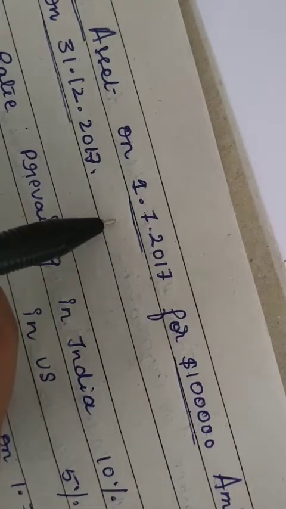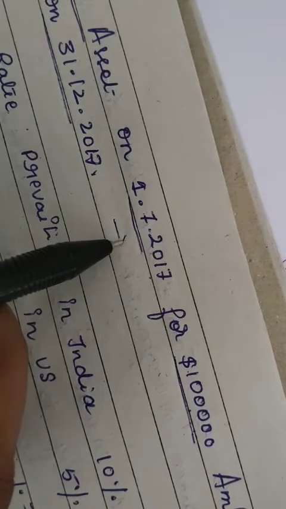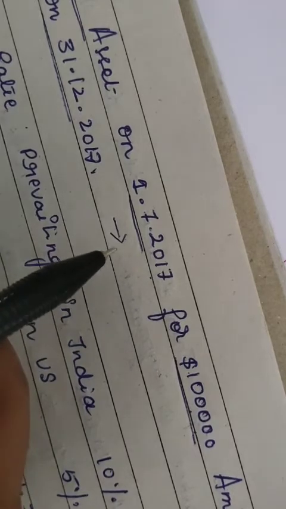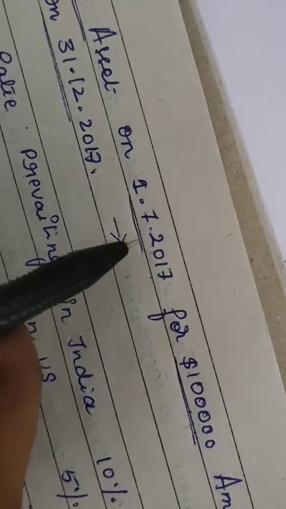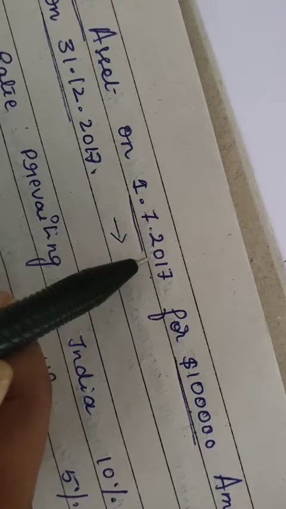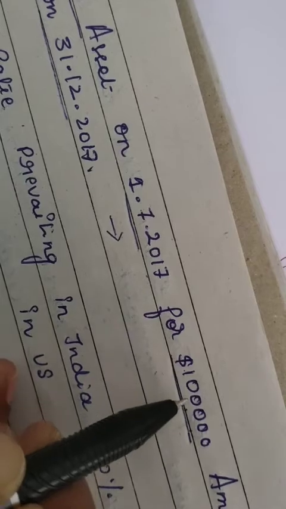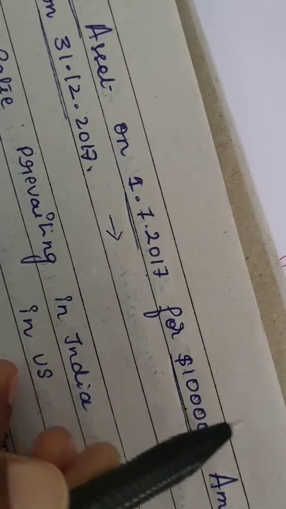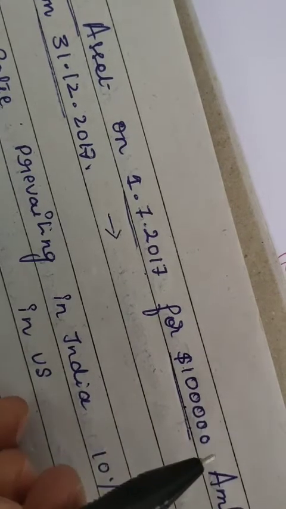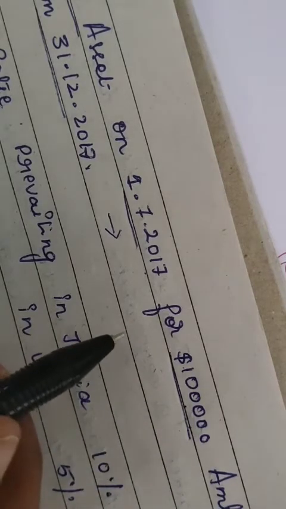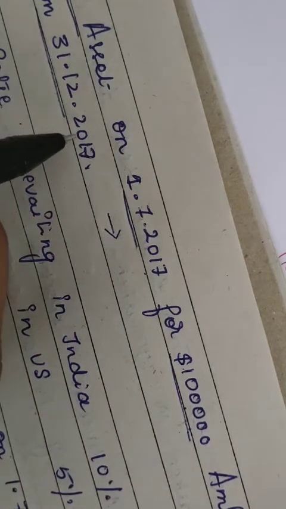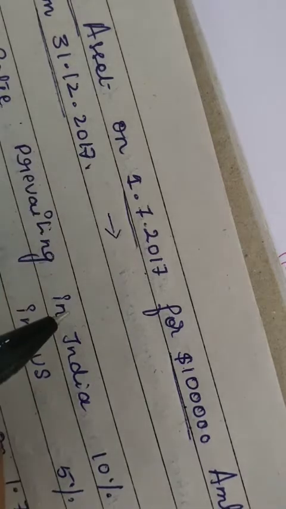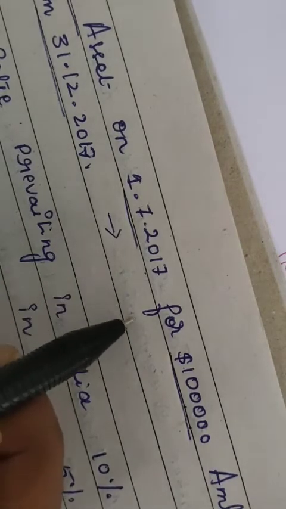So here it is clear that as an Indian importer, you are liable to pay $1 lakh to the US exporter, and that payment is made on 31st December 2017, after 6 months.